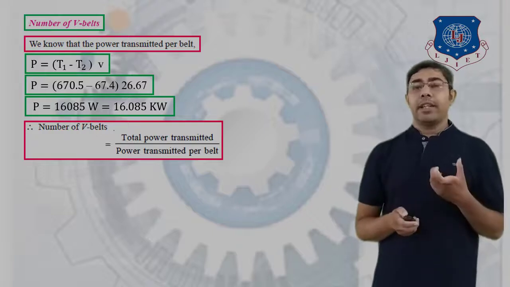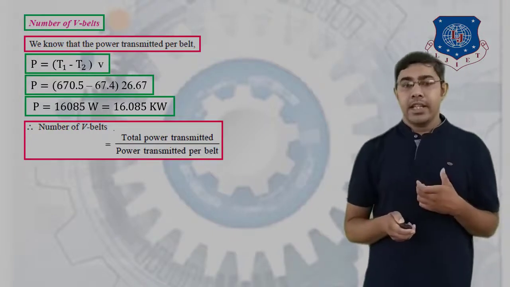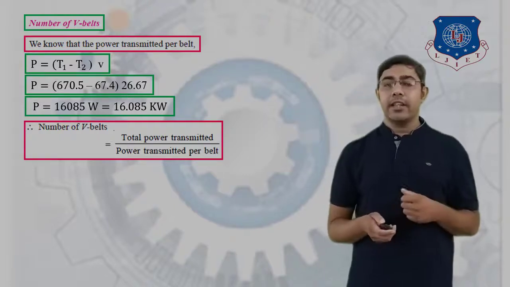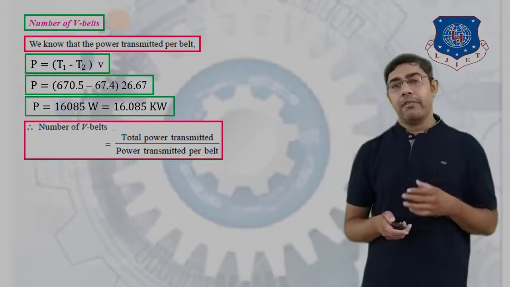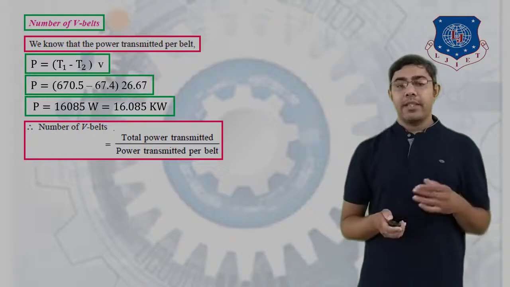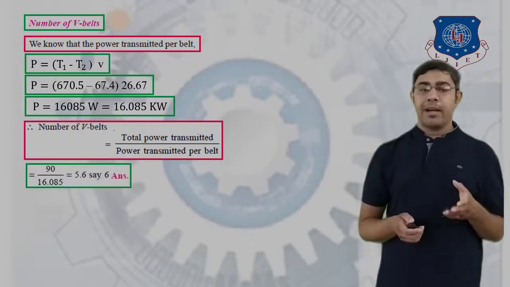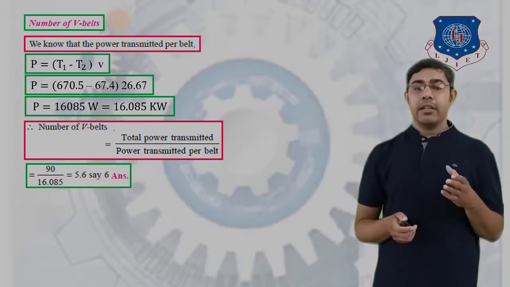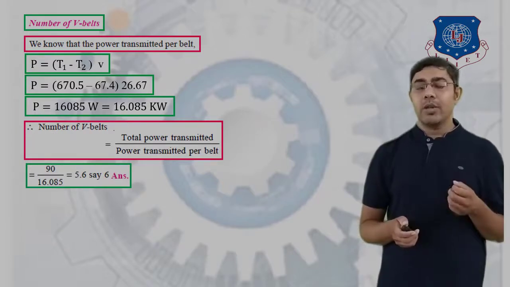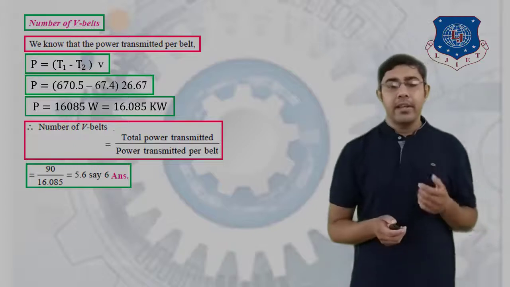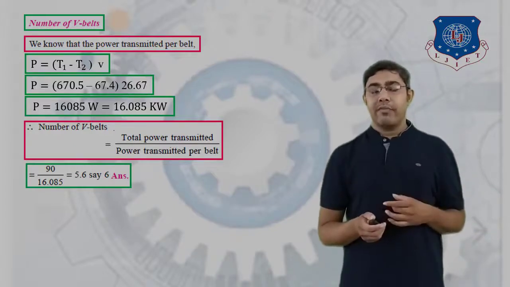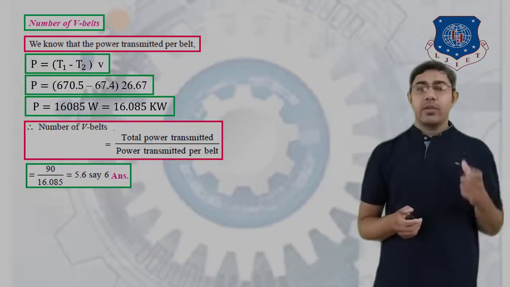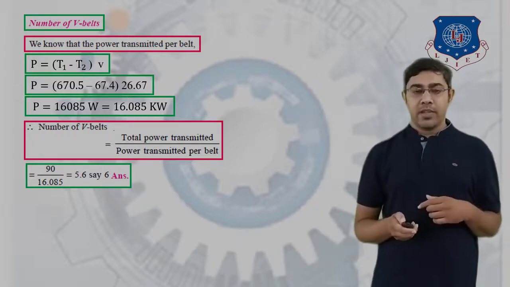So total power transmitted is given, that is 90 kilowatt, and power transmitted per belt we calculated here, that is 16.085 kilowatt. If we place these values, we get the answer 5.6, say 6. So 6 belts are required according to our configuration.